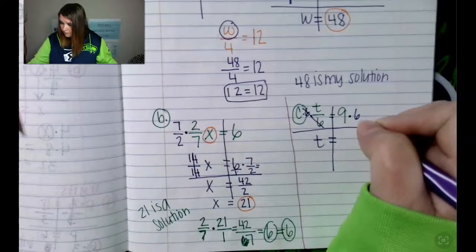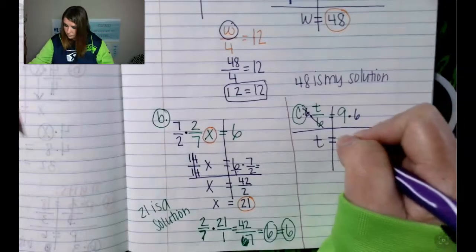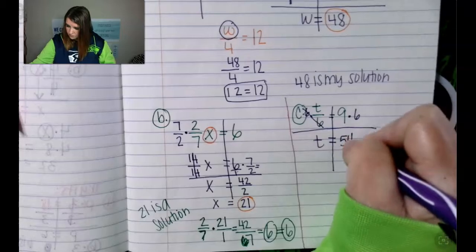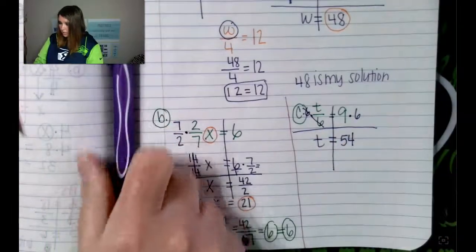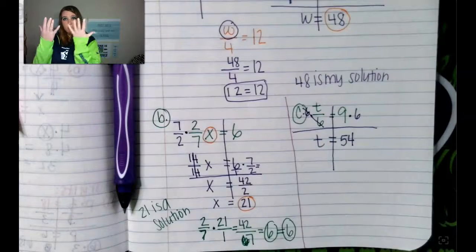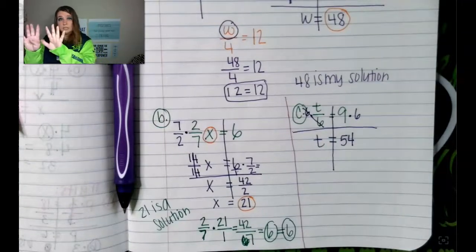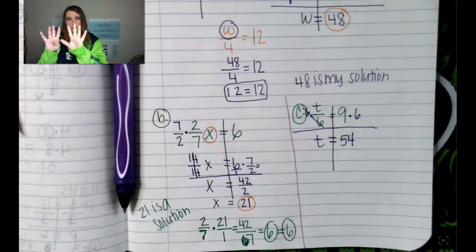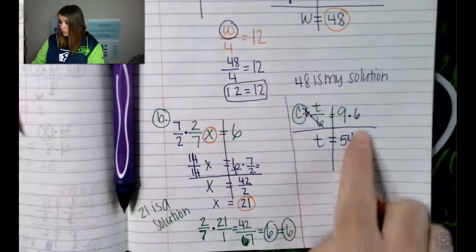And I have 54. And I know that 9 times, well, let's check it, right? So I know that with my trick here, 9 times 6 is 54, okay? So I know that that solution works.